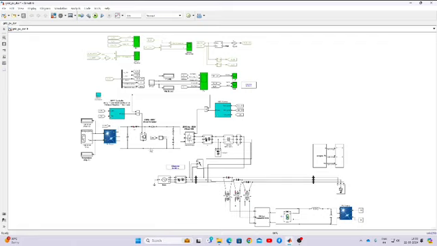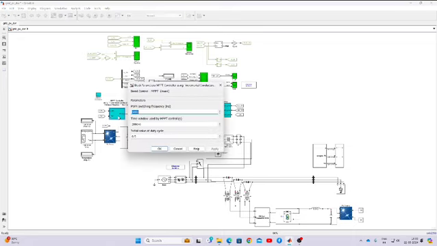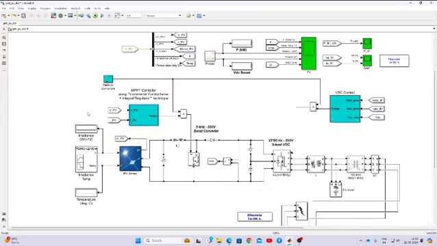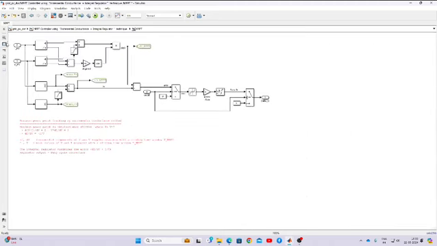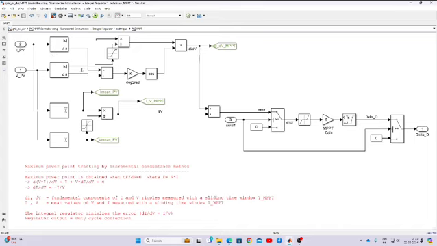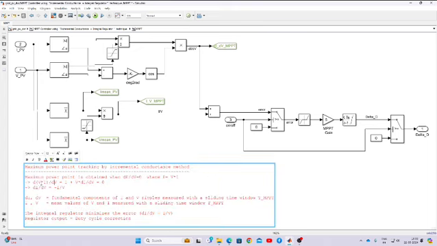This boost converter is going to be controlled by means of the incremental conductance MPPT. You have to measure two inputs, VPV and IPV, and based upon VPV and IPV we decide the incremental conductance conditions. You have to check whether dI/dV equals minus I/V. If dI/dV equals minus I/V, we don't need to change anything in the duty cycle.